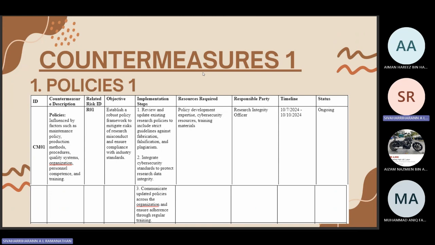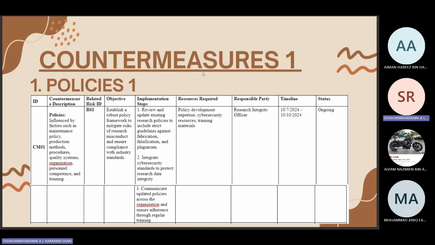We start with policies, which is to establish a robust policy framework to mitigate the risk of research misconduct and ensure compliance with industry standards. This involves reviewing and updating existing research policies to include strict guidelines against fabrication, falsification, and plagiarism, integrating cybersecurity standards to protect research data integrity, and communicating updated policies across the organization with regular training.